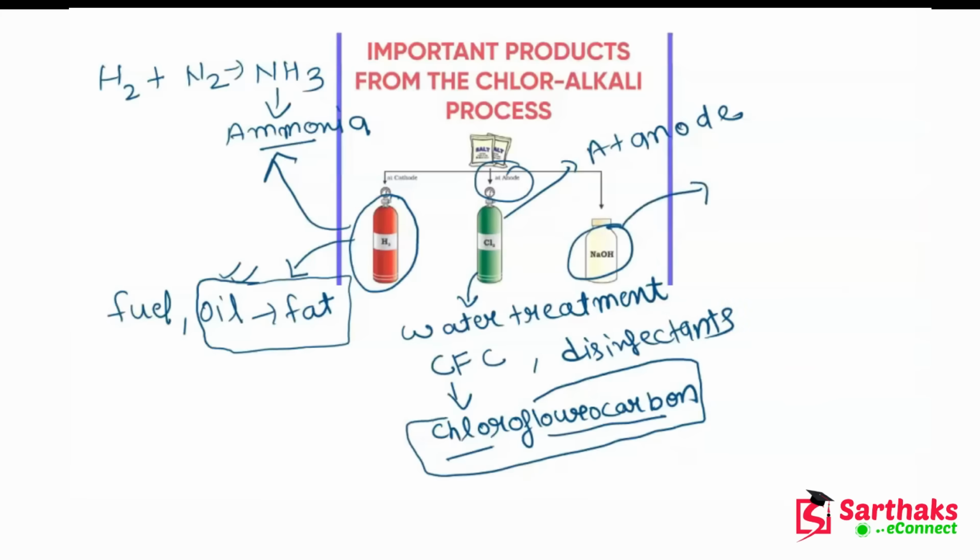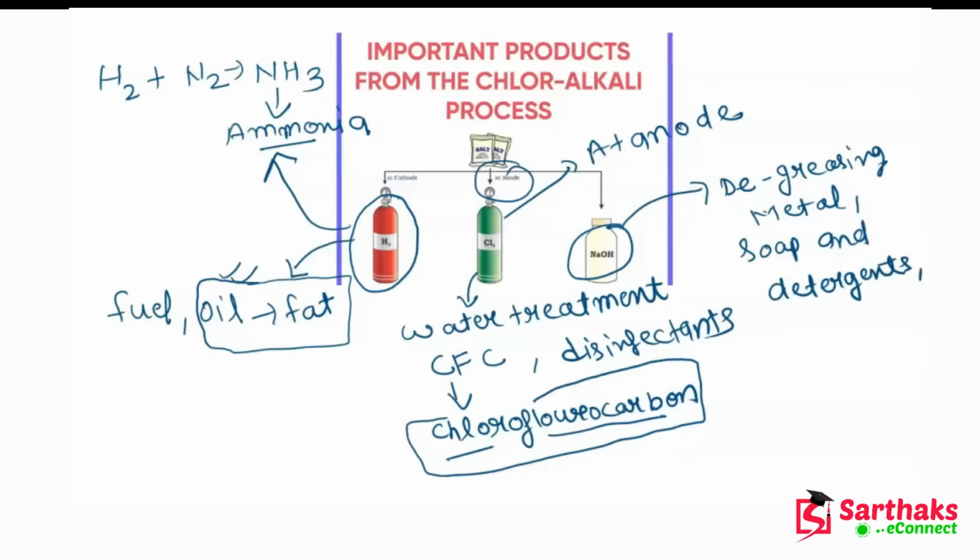Sodium hydroxide can be used for degreasing metal. To remove the grease on the metals, we can use sodium hydroxide. As we all know, the main use of sodium hydroxide is in soap and detergent. It is very widely used in soap and detergent.